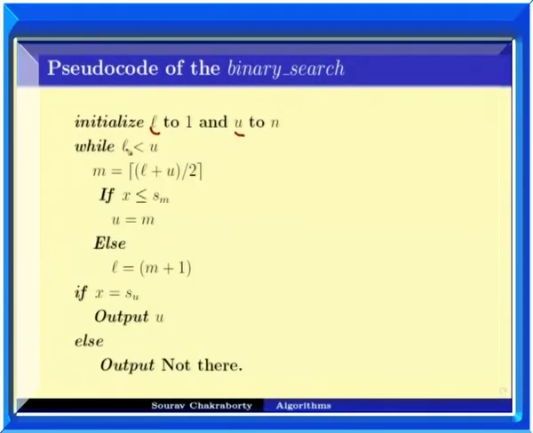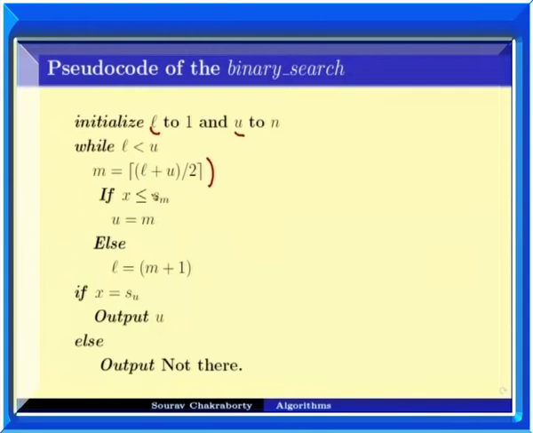And then as long as L is strictly less than U, we keep on doing something. What will we do? We will every time go to the center place, which is L plus U by 2. So, we will go to the center one and we will check if x is this element. Let the center one be m, m for middle.